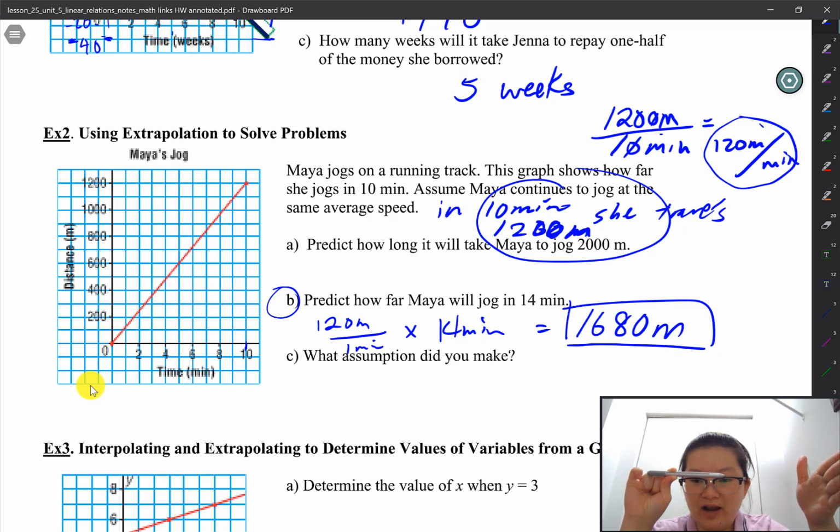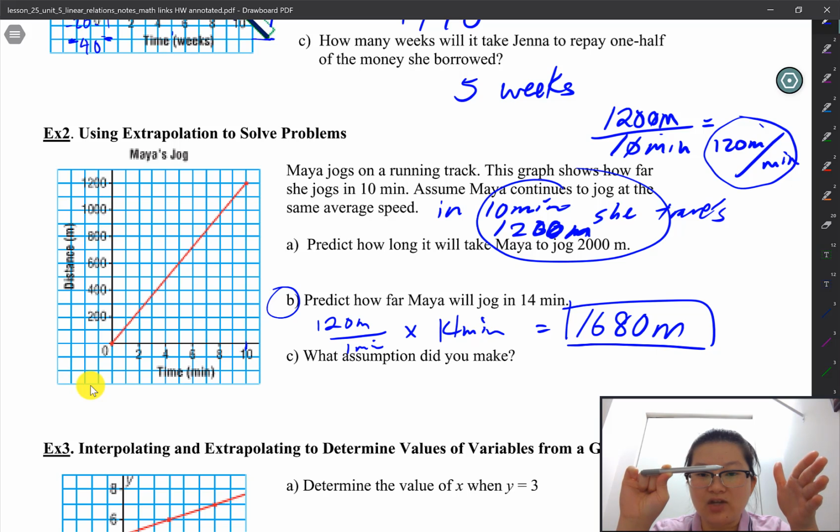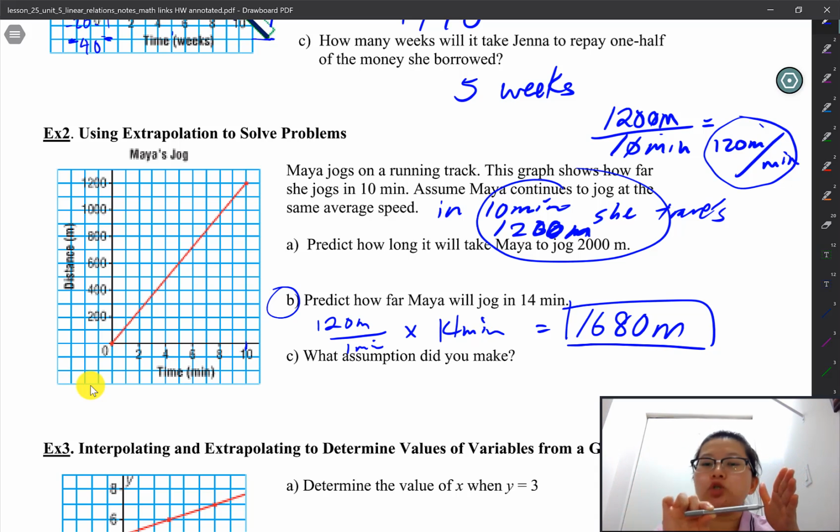I need to figure out how many minutes she needs to travel 2,000 meters. So what I want to do is see how many times my 120 meters goes into the 2,000 meters to see how many minutes it takes her to travel the 2,000 meters.